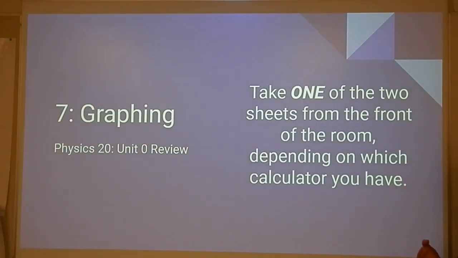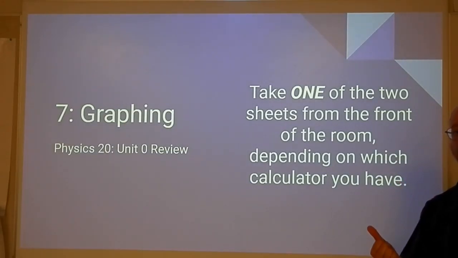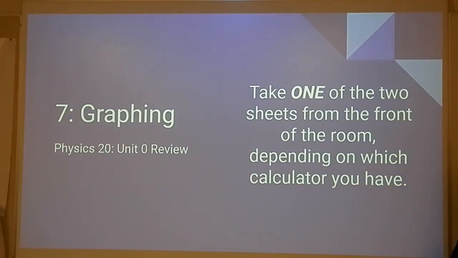I have the note here that there are sheets for you, depending on which calculator you have. So you don't need both sheets. You need a sheet for either a TI Nspire or a TI 83/84. So in class, these are available to you. On my website, on the Physics 20 Notorific page, there are also links at the very, very top left where you can get those sheets also.